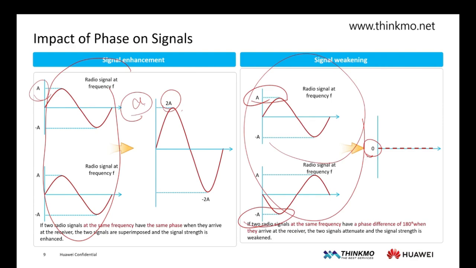In the actual development of WLAN devices, technical measures should be adopted to avoid signal weakening caused by phase issues. Wavelength, frequency, phase, and amplitude are core concepts in wireless communication. These factors have a significant impact on signal transmission, which can lead to either signal enhancement or signal weakening.